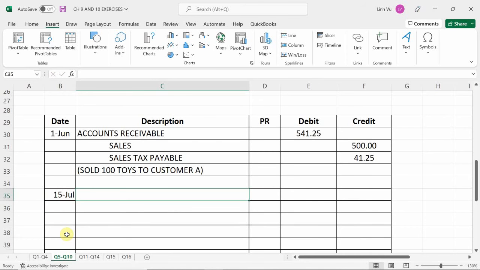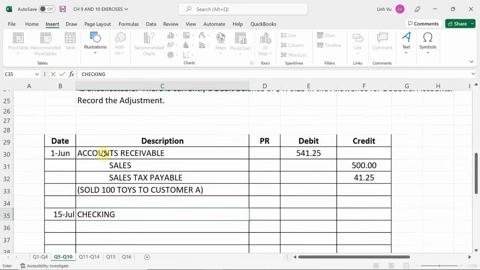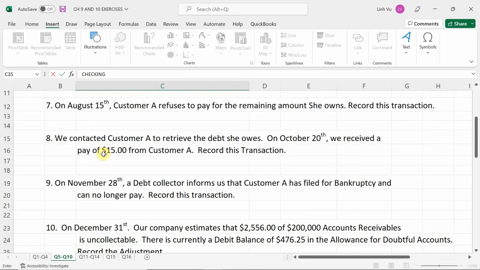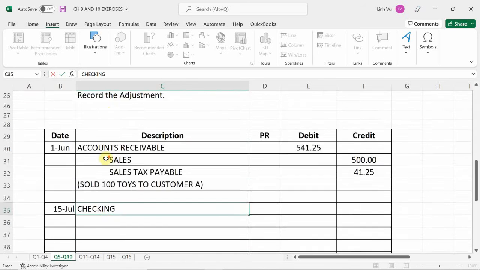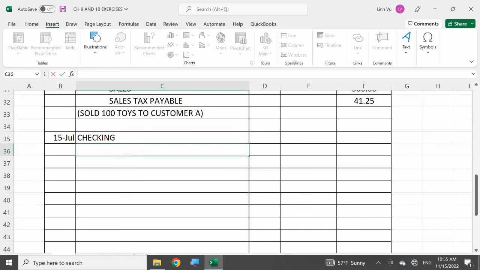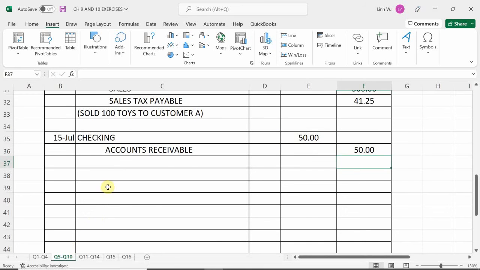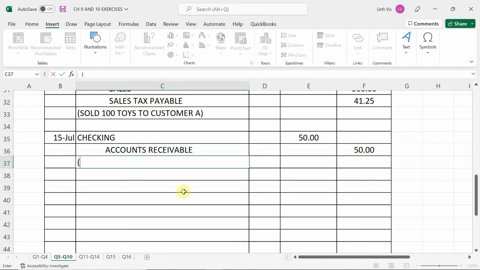When you receive a payment, what's going to happen? It's going to increase your checking account because we've received a check from customer A, and it's going to reduce the accounts receivable. So in this case, we received a payment check for $50 from customer A, and it's going to reduce your accounts receivable by $50. Now remember, we received $50, so if you want to have a quick T account on the side to know how much customer A still owes you, it's up to you. But I'm going to go ahead and record that we received payment from customer A.